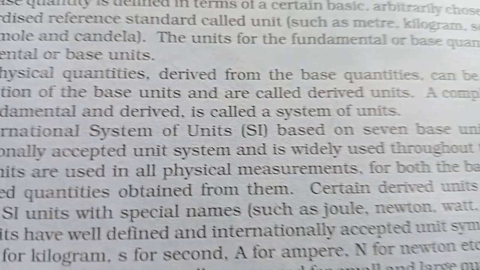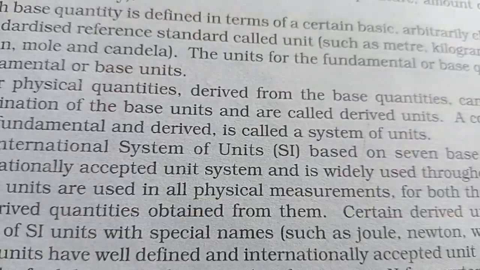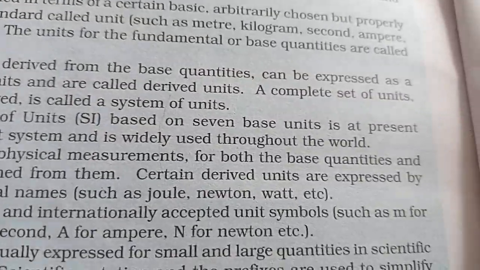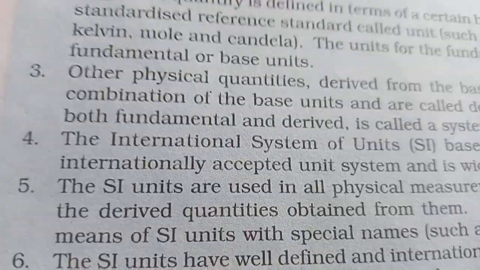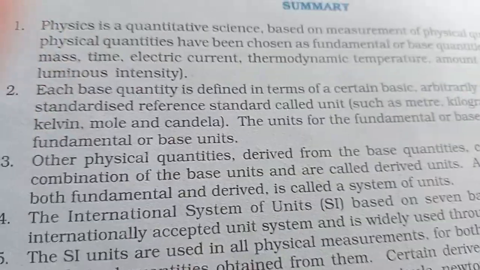Other physical quantities derived from the base quantities can be expressed as a combination of the base units and are called derived units. A complete set of units, both fundamental and derived, is called a system of units.